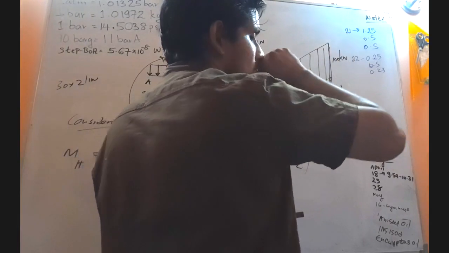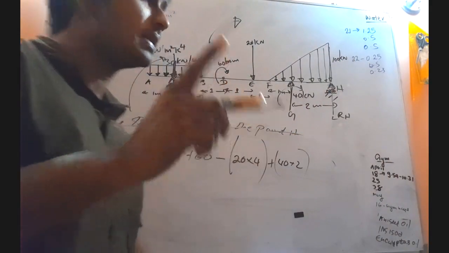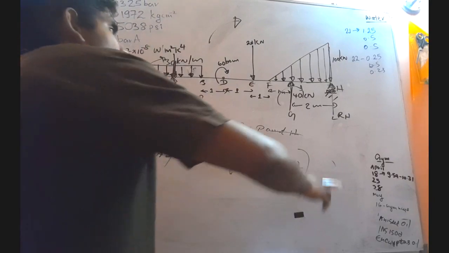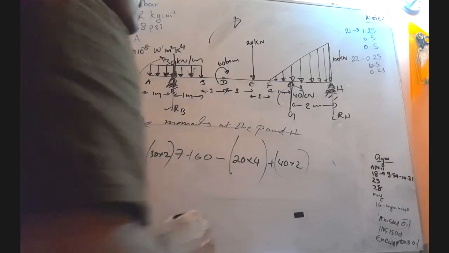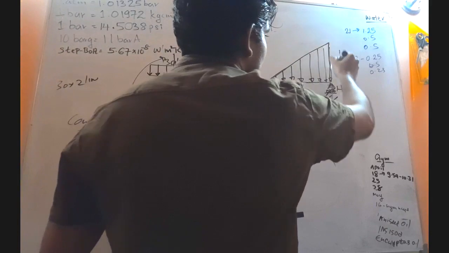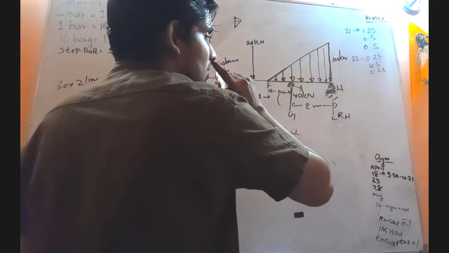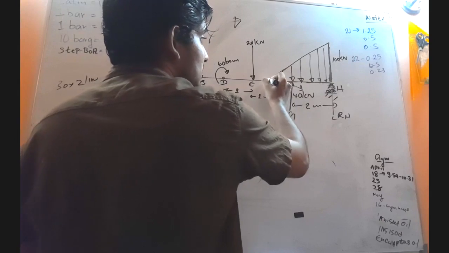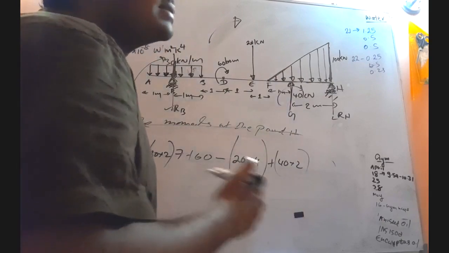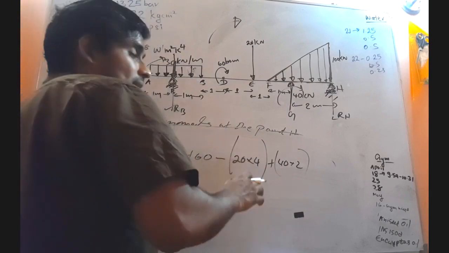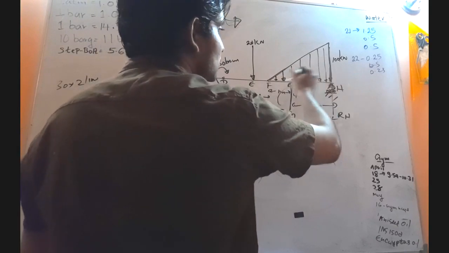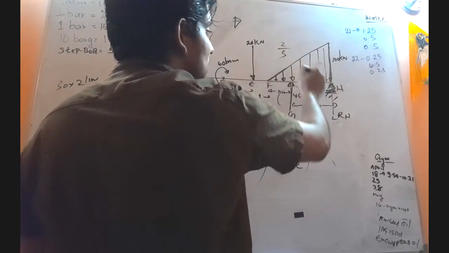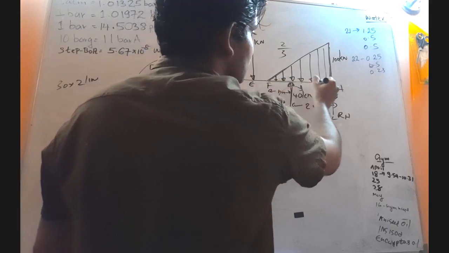The next one is this uniformly varying load. Be very careful. Anyhow, the resultant: what is the position where the resultant force is acting? This is a triangle. The resultant will act at a point that is 2/3 from this vertex. You know the center of gravity of a triangle, right? It acts at a position measured as 2/3 of this length, somewhere here.